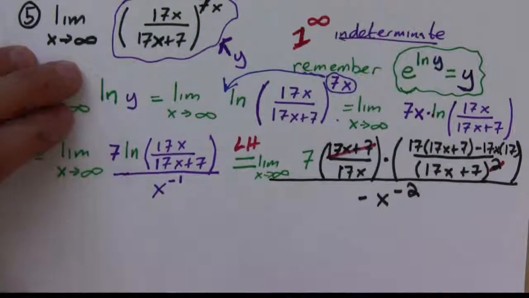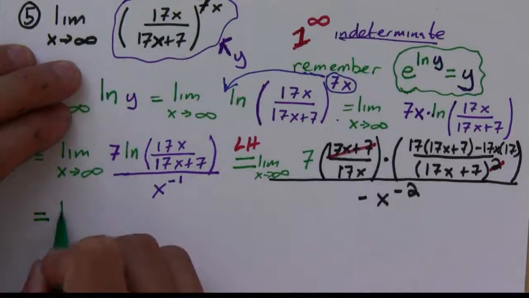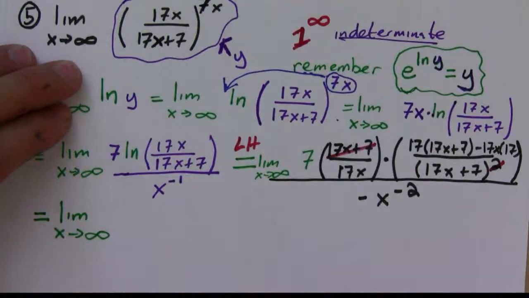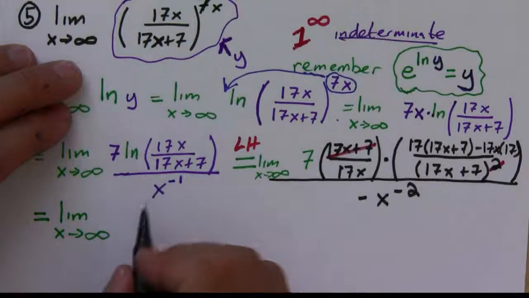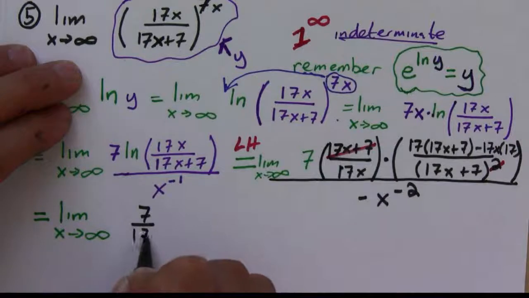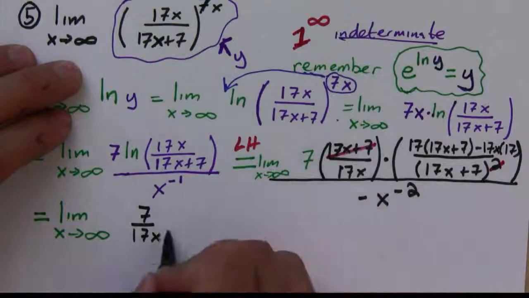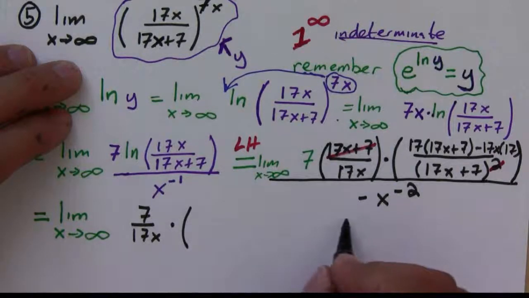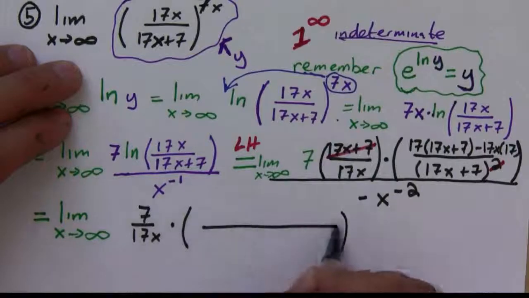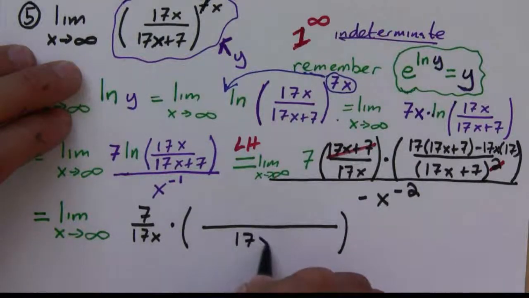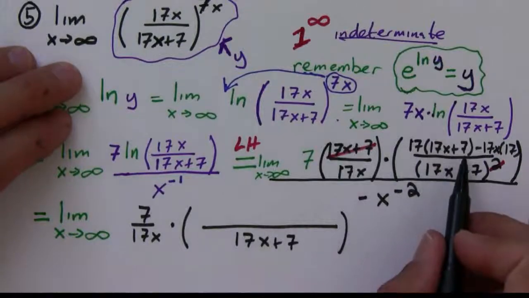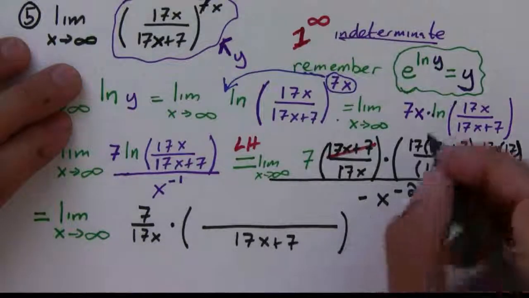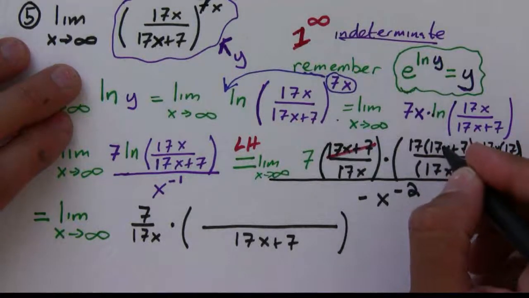What I get is, this is equal to the limit as x goes to infinity of 7 over 17x, this first one, times, let me write out what we have here. On the bottom I have 17x plus 7. On top I'm not really going to multiply 17 times 17x.